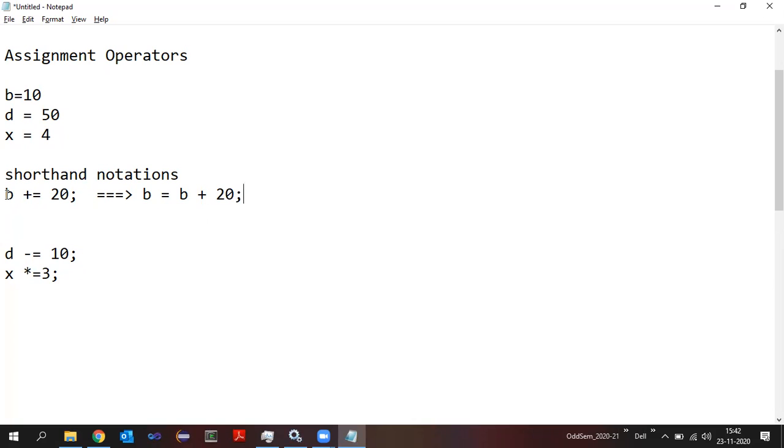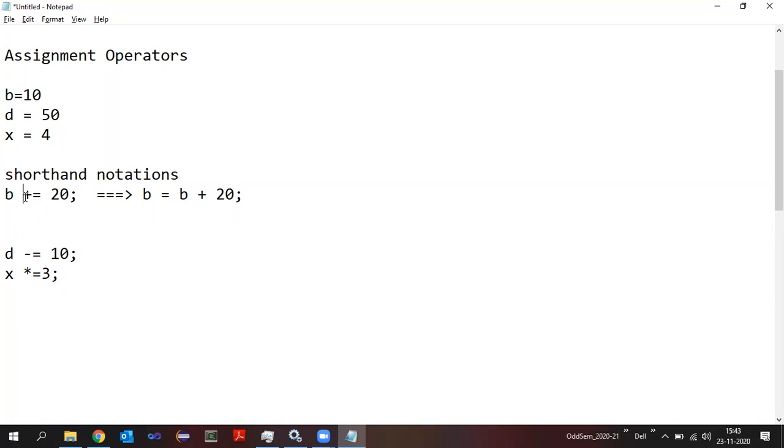Now notice here, this is the shorthand notation. B plus equals to means what? We are trying to add. Why add? There is a plus symbol. We are trying to add what value? The 20 value, to what? To the B only. And then again we are assigning it back to B itself. I will repeat once again.